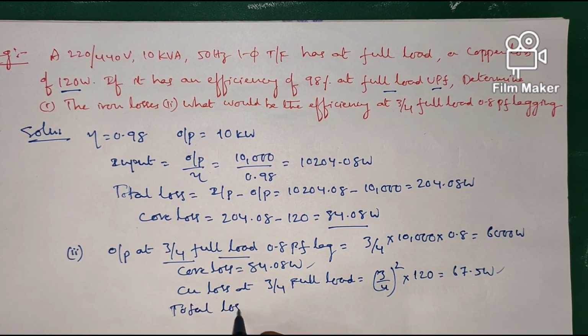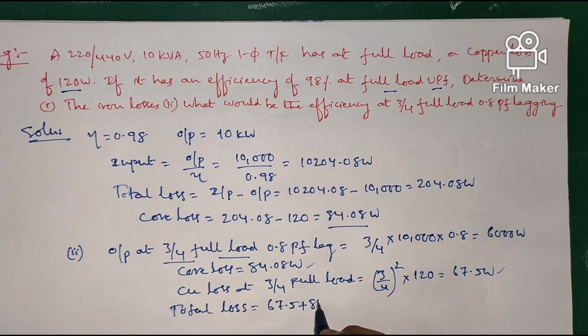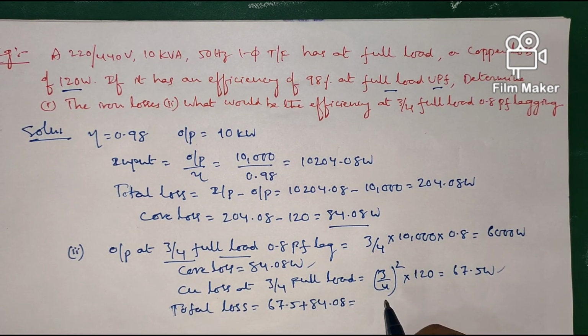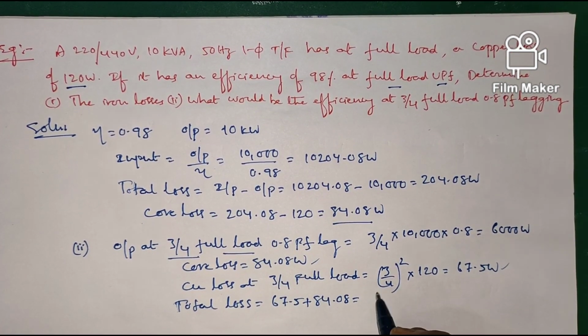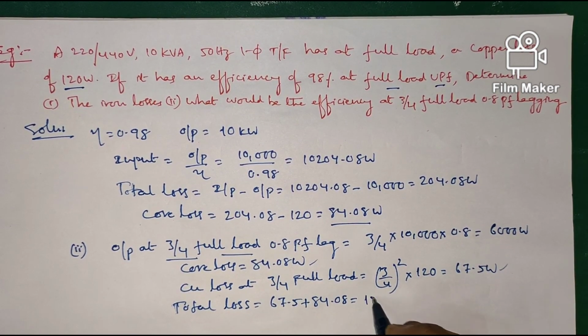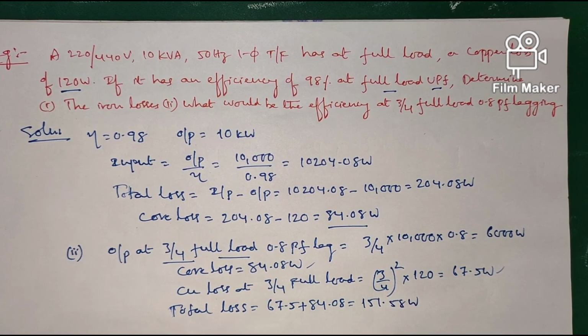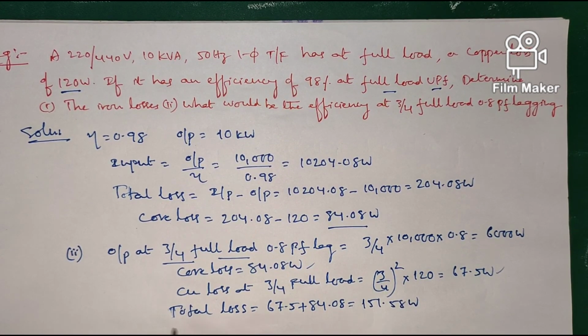The total loss is equal to 67.5 plus 84.08, that is equal to 151.58 watts, and once we know the total losses, we can find out the efficiency at that particular load.